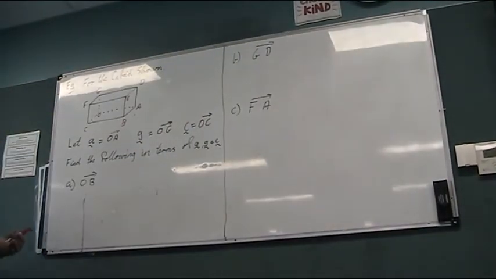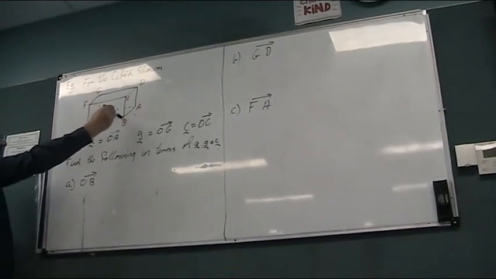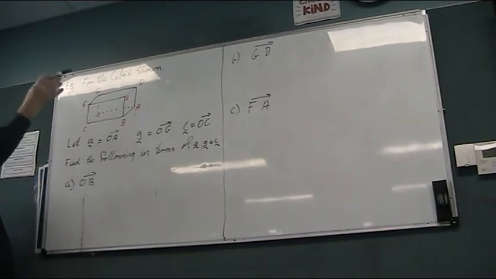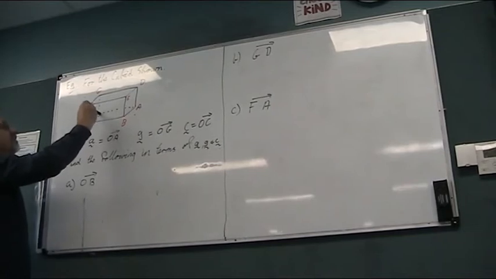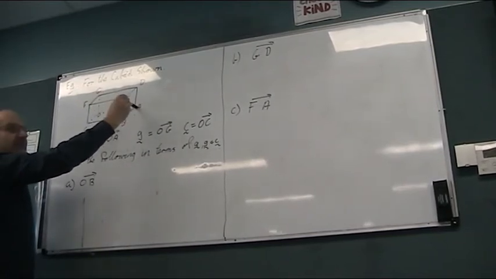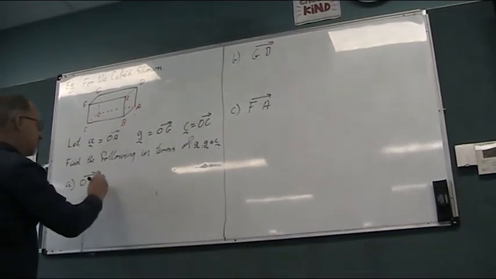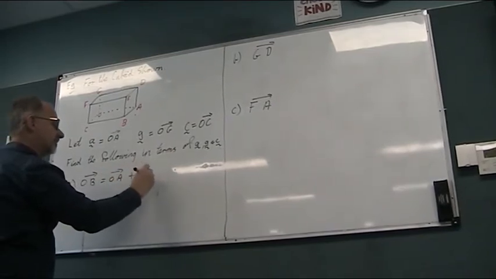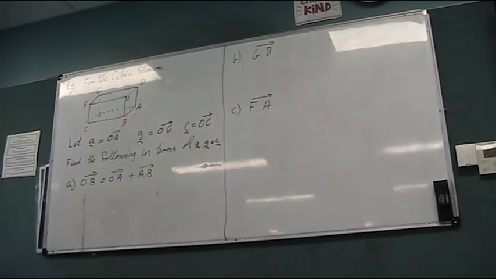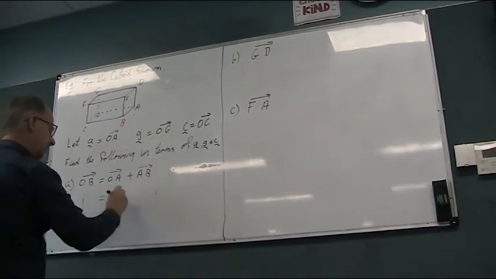All right. So, O to B, I'm going from here to here. There's a variety of different ways that we could get there. One of them is that we could go to A first and then to B. So O to B would be the same as O to A plus A to B. Now O to A, we've already been told that vector A is that.